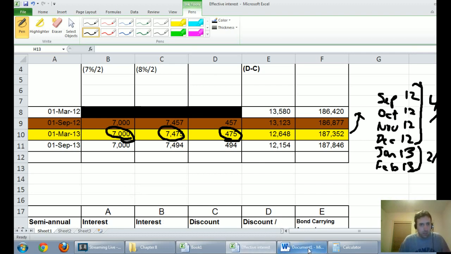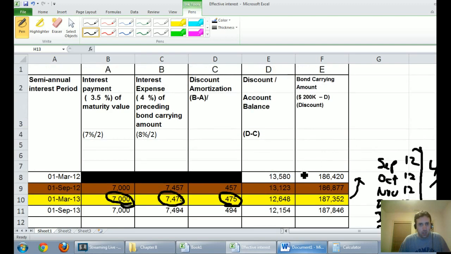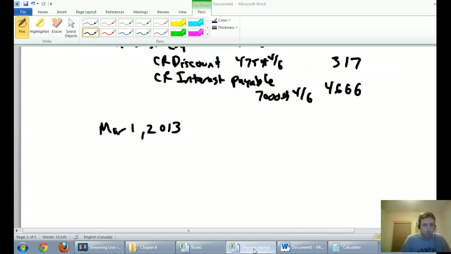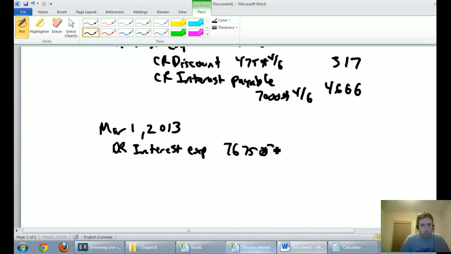So, for example, my interest expense is not $74.75. It's going to be 2/6 of $74.75. So, debit interest expense, $76.75 times 2/6.